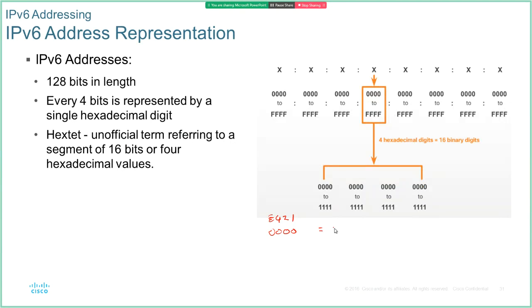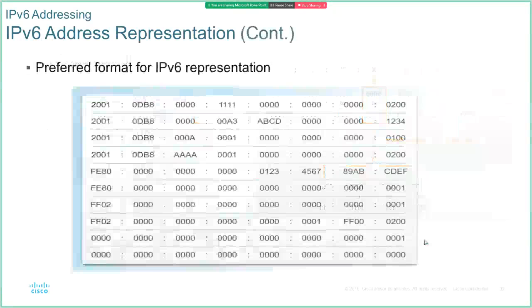So we have the range of 0 to 15, and that's our value for every hexadecimal digit. So we have 0 to 9, A to F. Okay, just as a reminder, I know we went through all this last term.